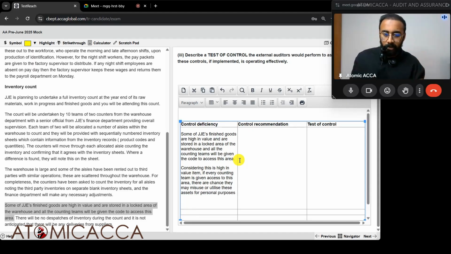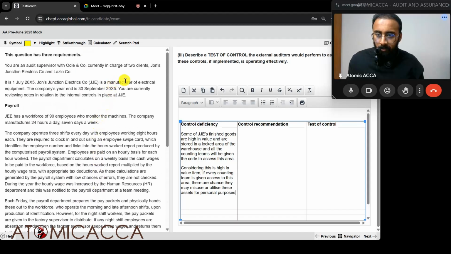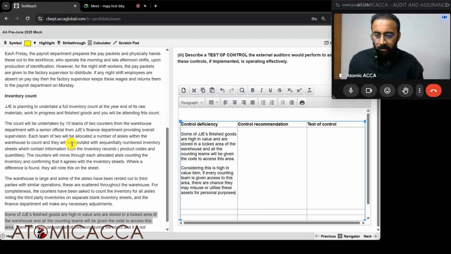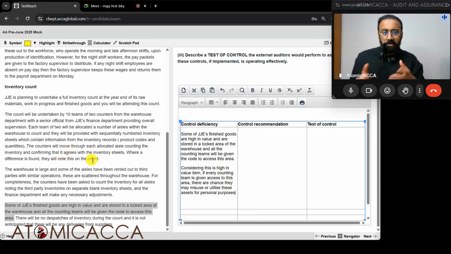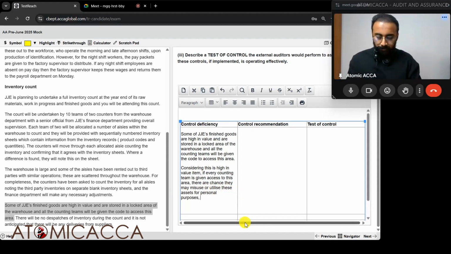Considering it's a high value item, maybe like jewelry or something. Okay, no idea. What is this company involved in? Manufacturing electrical equipment. So maybe they could resell that item to someone else. So misuse or utilize these assets for personal purposes, hence causing a loss or theft in inventory as well.